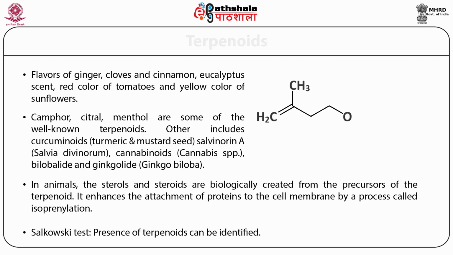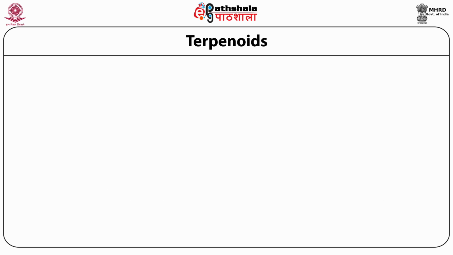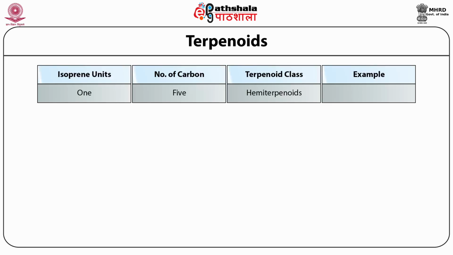Structurally, terpenoids can be classified into different classes, namely hemiterpenoids, which has one isoprene unit and 5 carbon atoms.